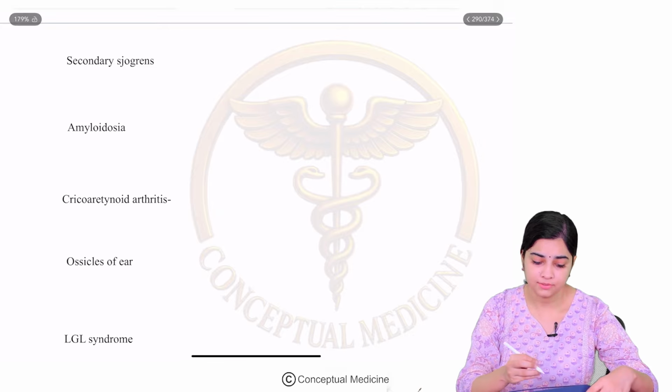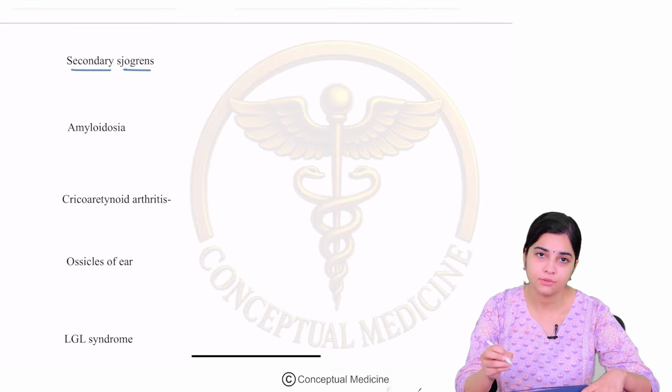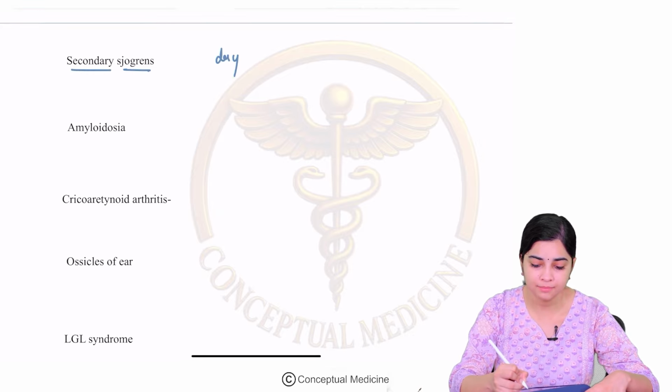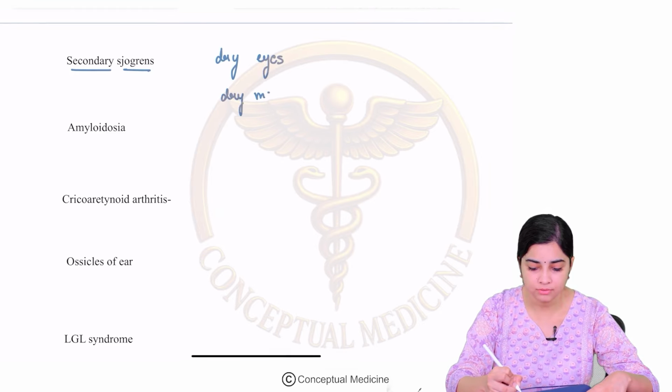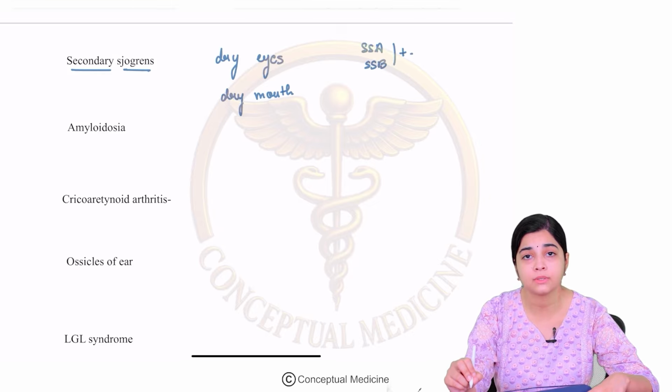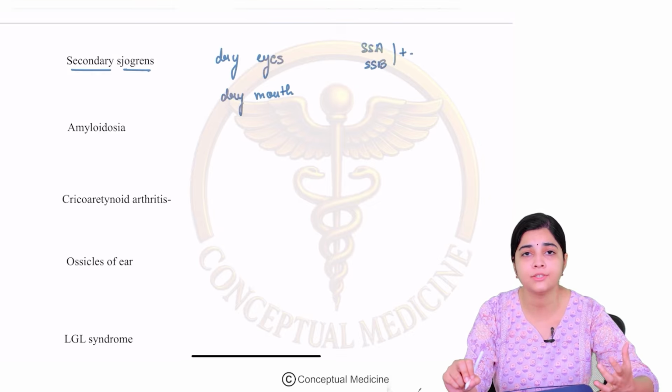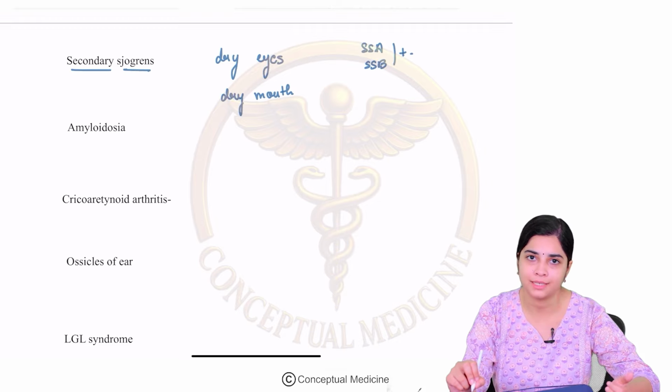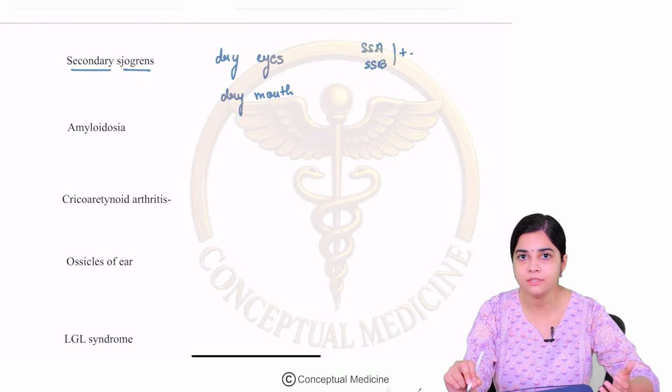Then rheumatoid arthritis can be associated with a secondary Sjogren's syndrome. So you may have RA patients complaining of dry eyes and dry mouth, and your SSA, SSB antibodies may be positive. Okay, so this is how RA can have a secondary Sjogren's syndrome. In those cases, you may have to treat them with symptomatic treatment as well, like tear replacement or saliva replacement and so on.